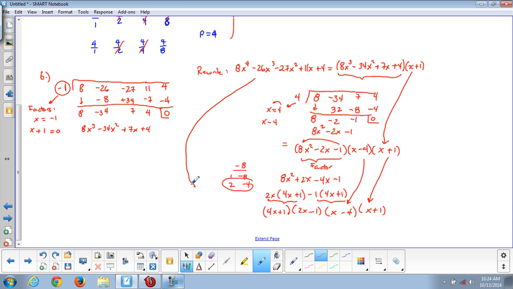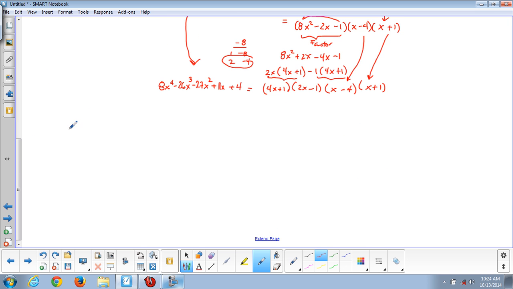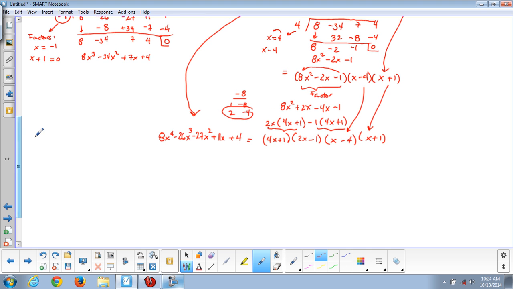So my original polynomial of 8x to the 4th minus 26x cubed minus 27x squared plus 11x plus 4 is now rewritten as a product of my linear factors. So I've done the factoring.